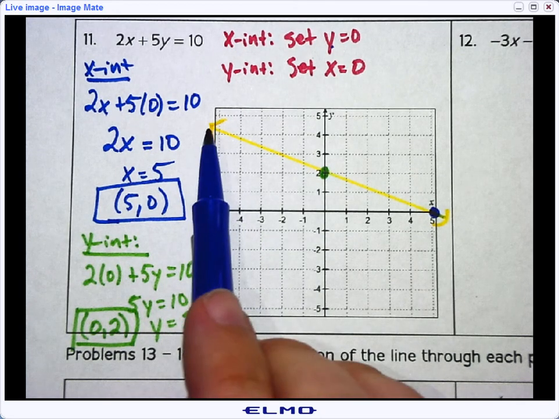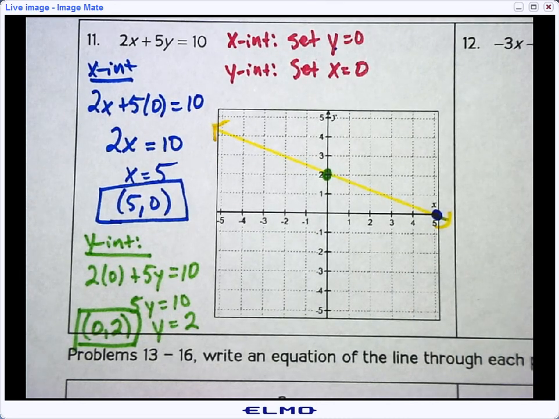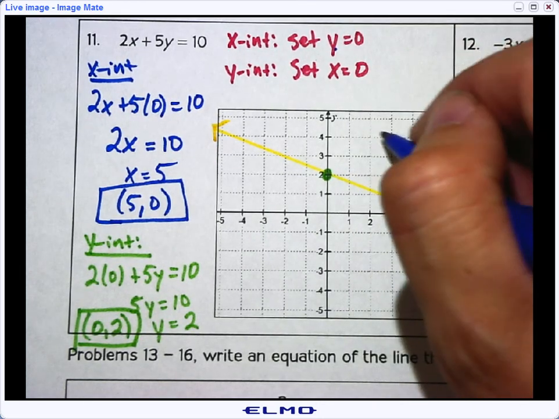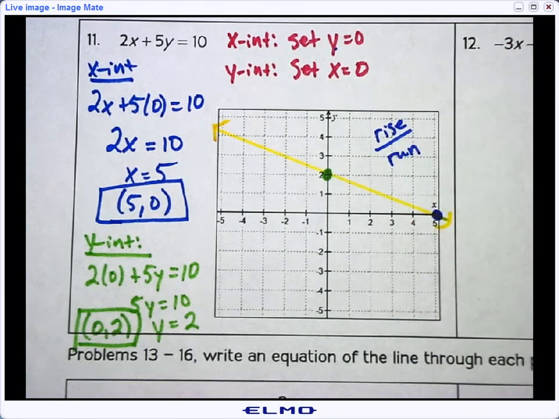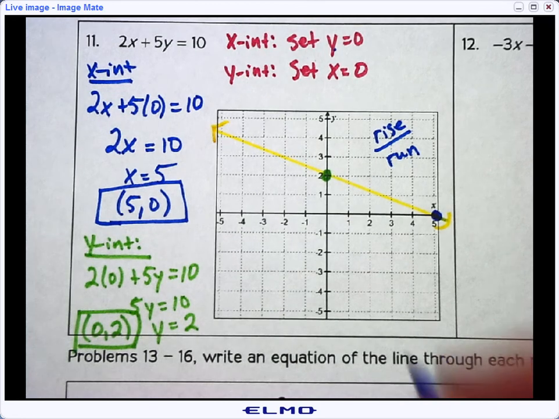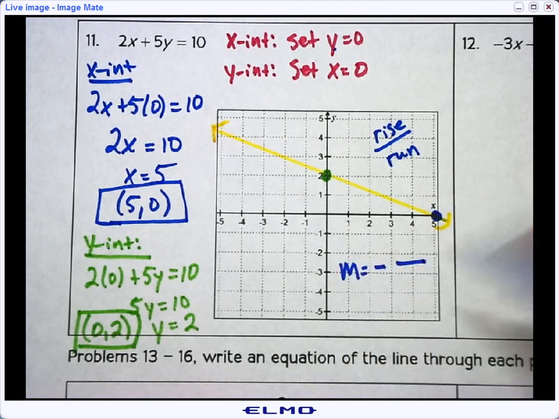Well, since my line is going down left to right, it's a negative slope. Also remember, slope is rise over run, where I figure out how far up and how far over to go from one point to the next. Since I already figured out that the slope is negative, I'm going to say m equals negative rise over run.